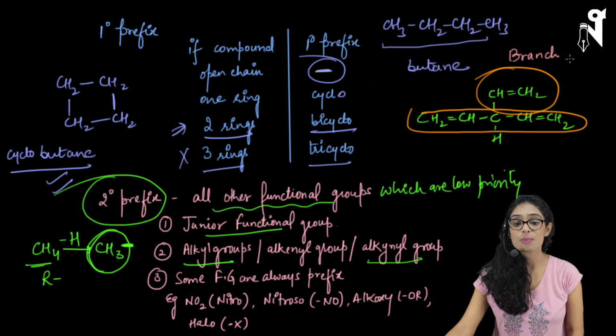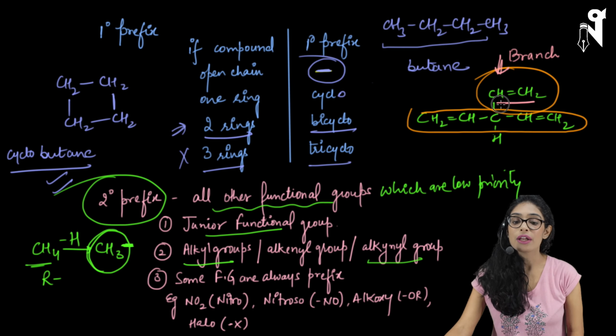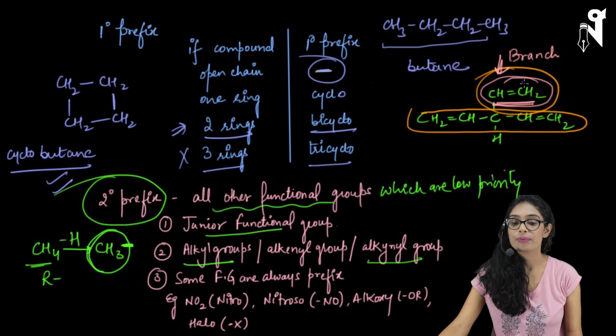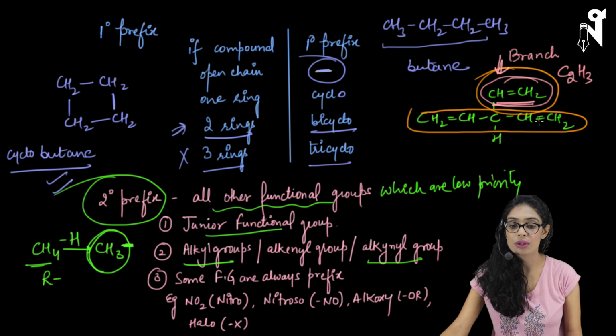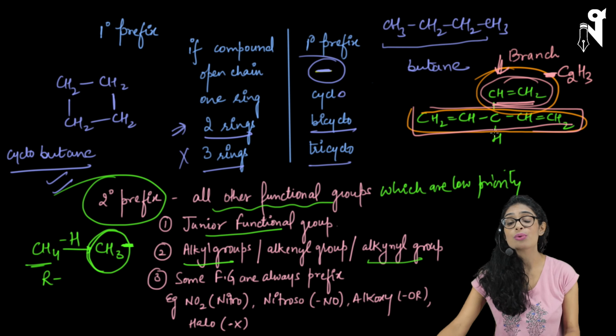Okay. Now in this branch, if you see, this branch is made up of two carbons, and there is a double bond over here. And if you actually see the molecular formula of this branch itself, it is going to be C2H3. And then there is one bond through which it is attached to my main chain. So actually, if you talk about the alkene which is made up of two carbons, the formula is going to be C2H4.